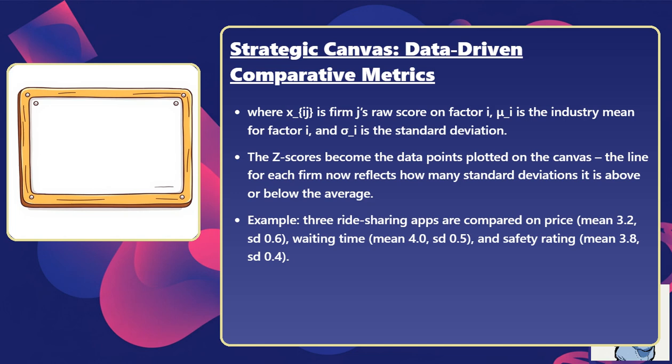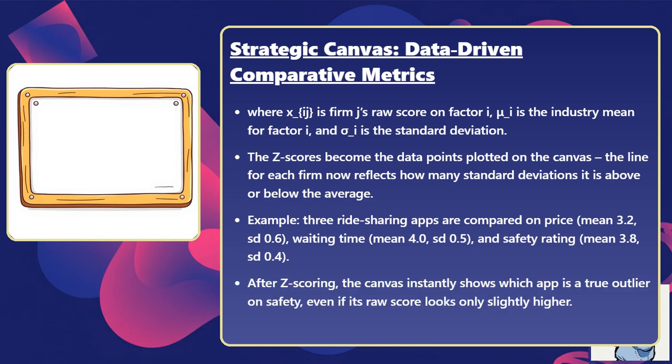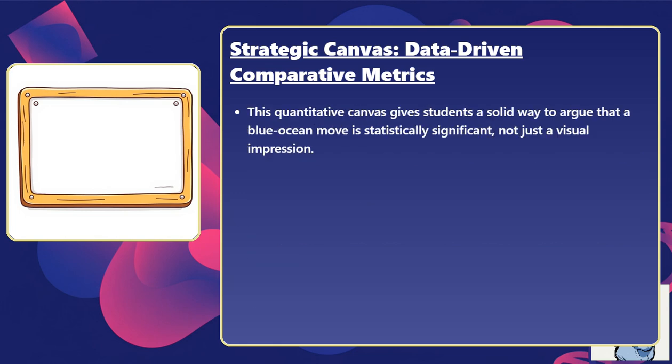Example: 3 ride-sharing apps are compared on price, mean 3.2, standard deviation 0.6; waiting time, mean 4.0, standard deviation 0.5; and safety rating, mean 3.8, standard deviation 0.4. After z-scoring, the canvas instantly shows which app is a true outlier on safety, even if its raw score looks only slightly higher. This quantitative canvas gives students a solid way to argue that a blue ocean move is statistically significant, not just a visual impression.